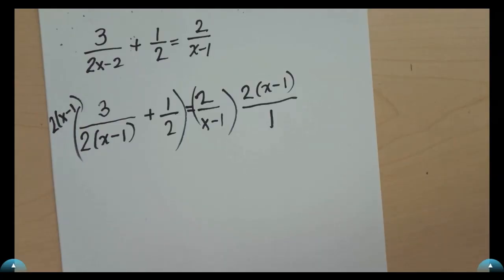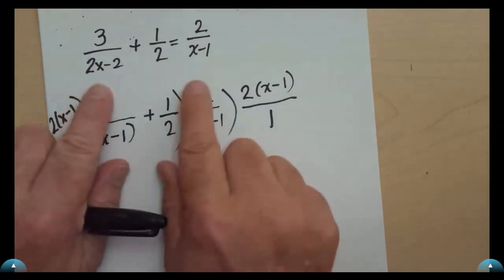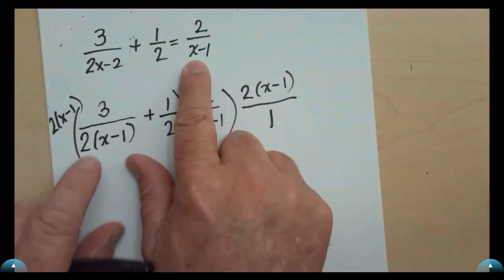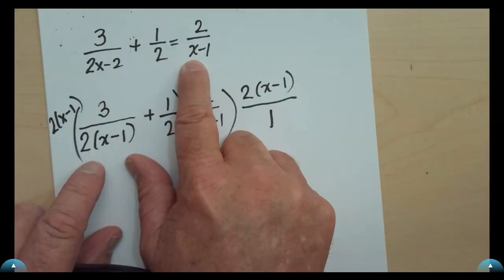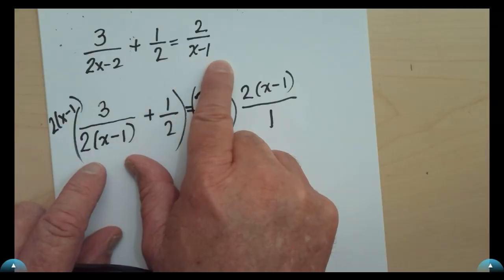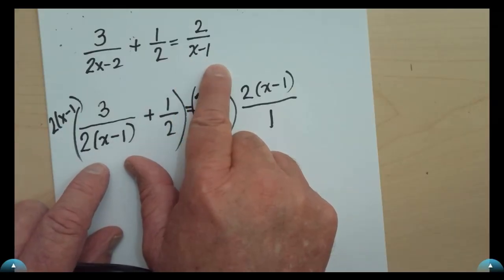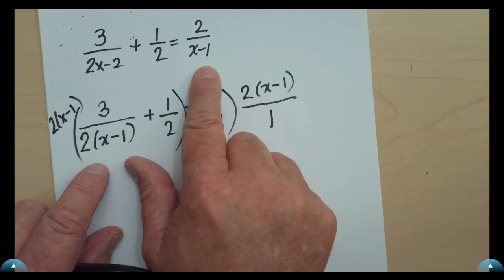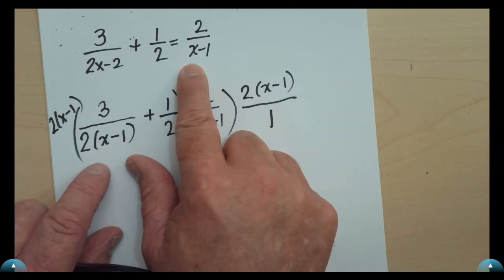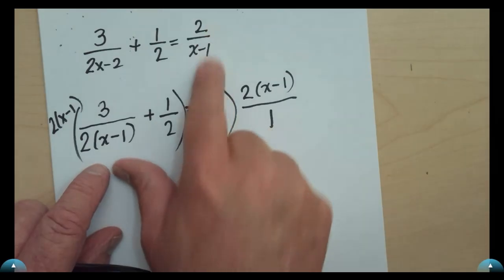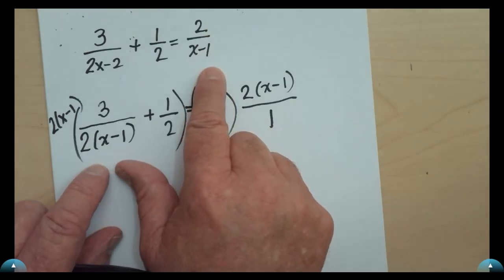While it's still easy to do, what would I need to replace the x with here if I wanted to make that denominator equal to 0? 1. Does everybody see that if I plug the 1 in for x, 1 minus 1 is 0, and I'd get 2 over 0?